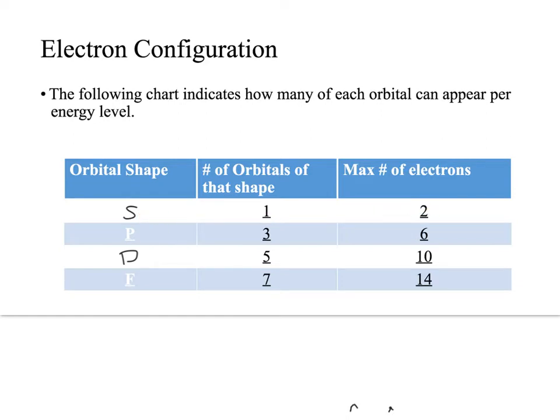You'll learn soon that 2 electrons can go in every orbital. But on every level, you can have 1 s orbital, 3 p's, 5 d's, and 7 f's, for a total of 2 electrons in the s orbitals, 6 in the p, 10 in the d, and 14 in the f blocks. This will make more sense as we start using it. But try to remember that S goes with 2, P is 6, D is 10, F is 14.